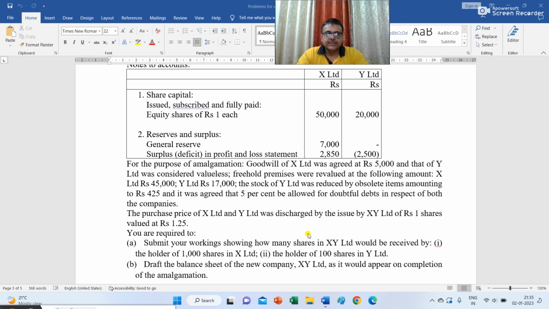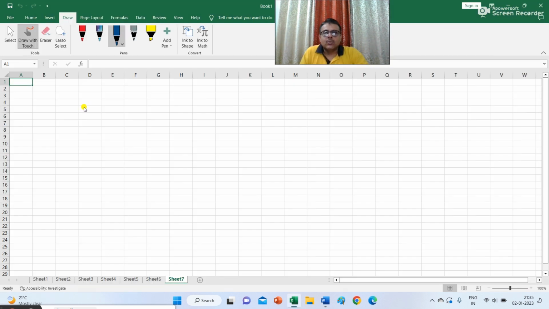So let us start. First of all, we need to calculate the purchase consideration. So I am writing here calculation of purchase consideration, for X Limited and Y Limited.